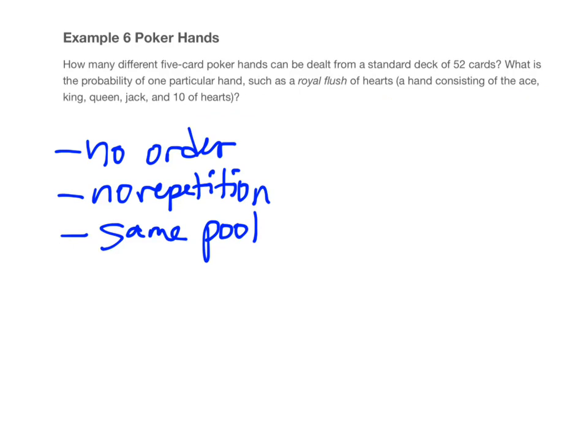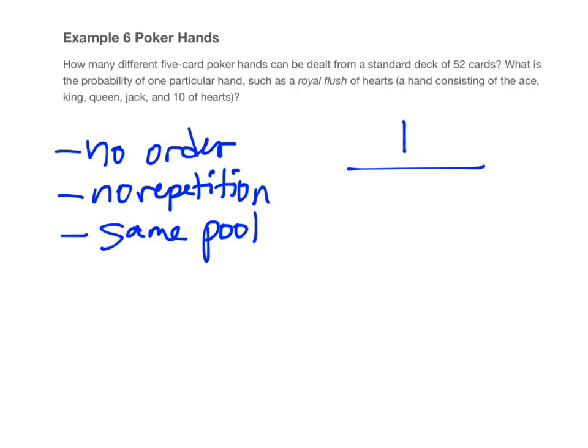What we want to know is to count the number of hands, not the number of cards in a deck. So that's why it's not out of 52 anymore, and it's not as simple as just counting the number of cards. What we want to know is the probability of one 5-card hand out of all of the other possibilities of 5-card hands.